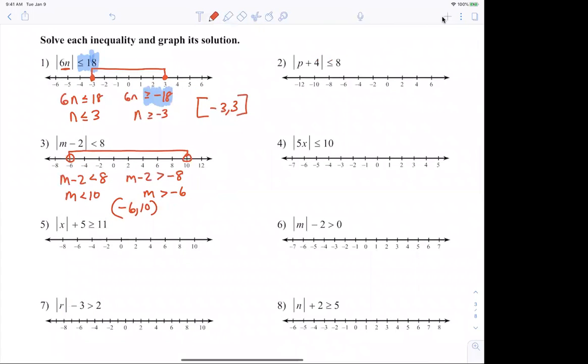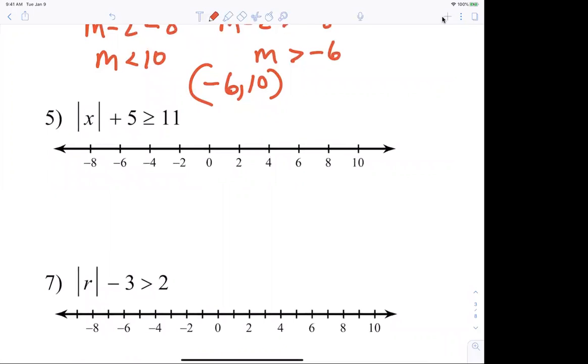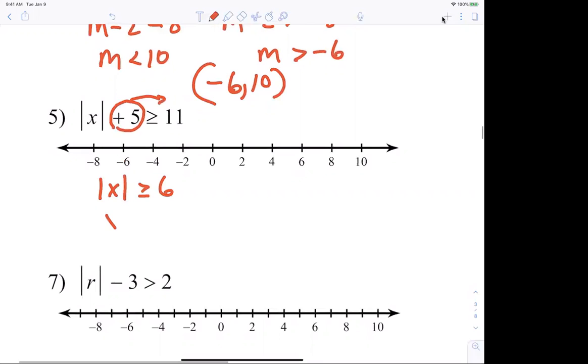All right. Now we'll do greater than, so you can see the difference. Now here, though, you have to isolate the absolute value first. So the absolute value of x is greater than or equal to 6. When you rewrite it without the absolute value, you change the signs.